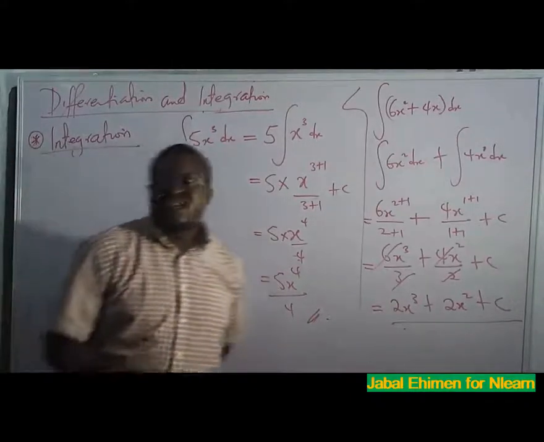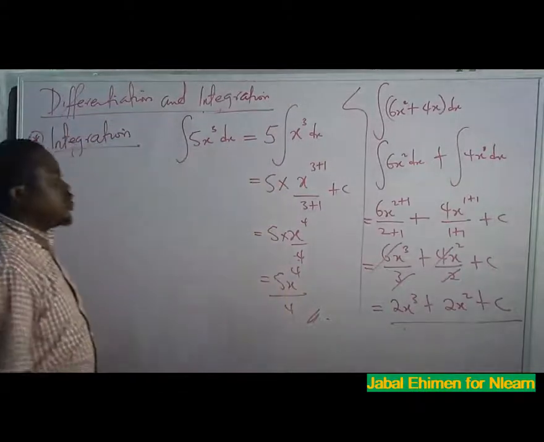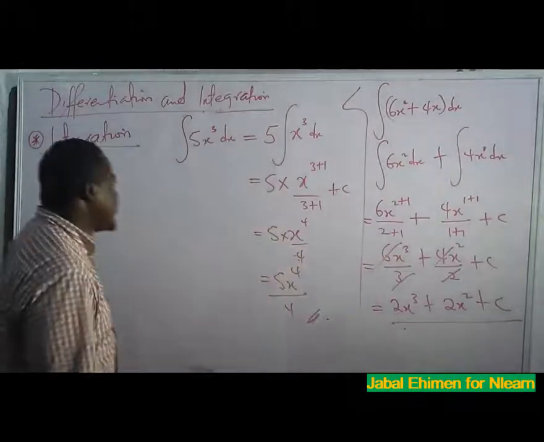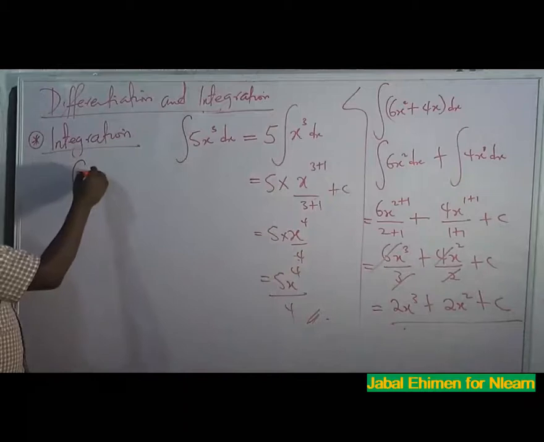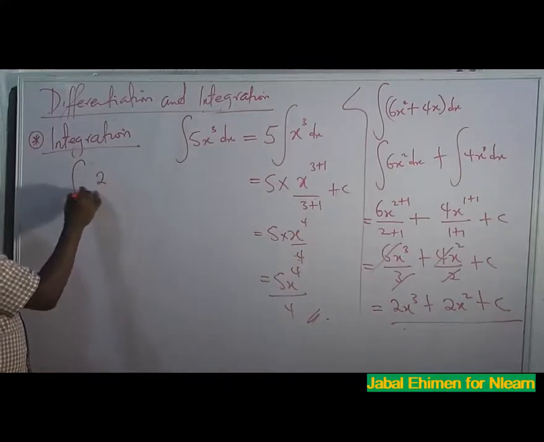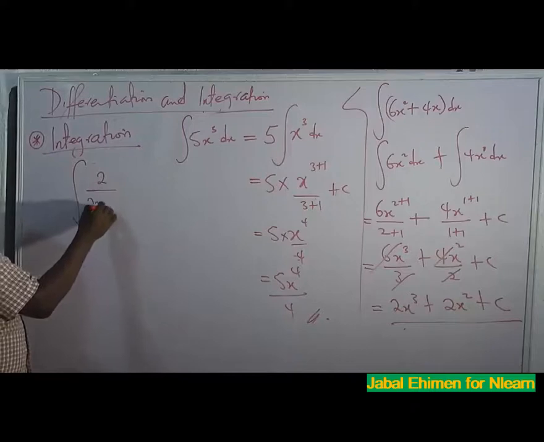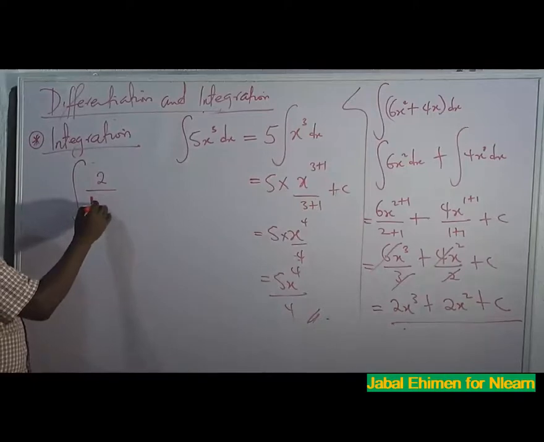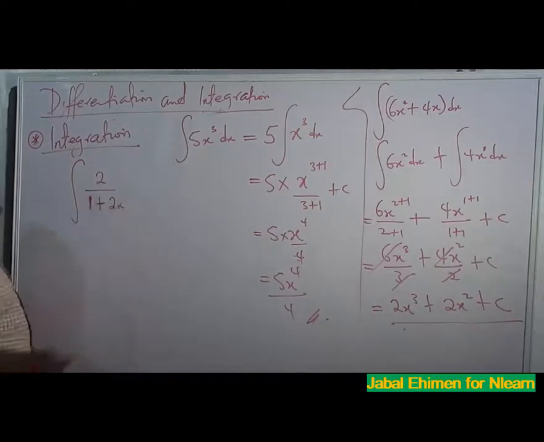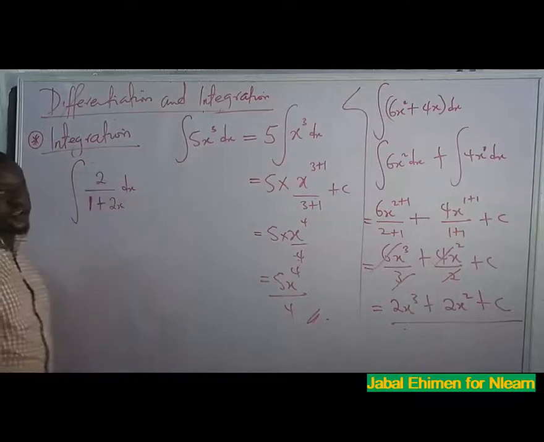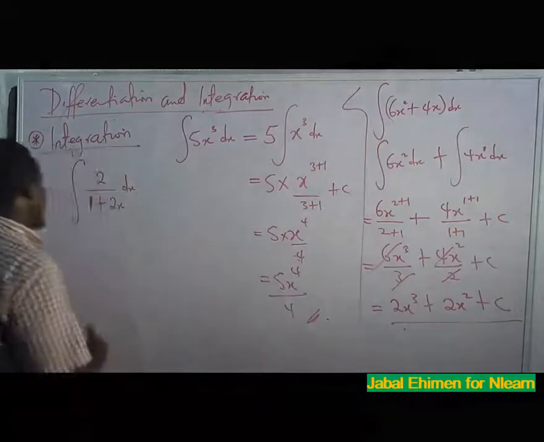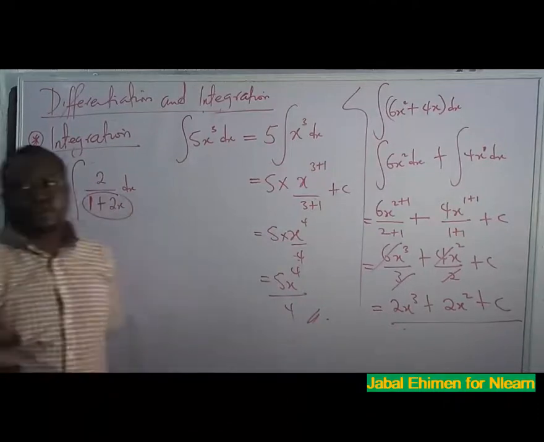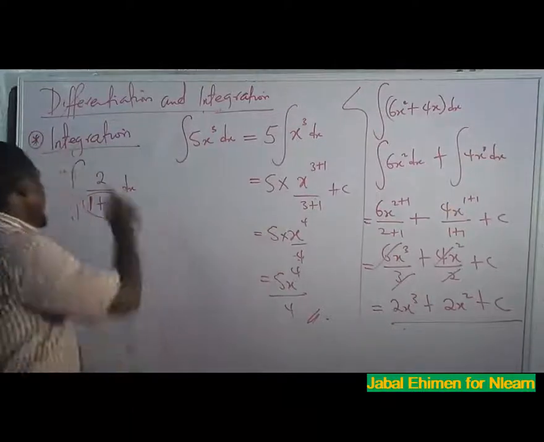The other rule is that sometimes when you take the integral of some values, you will observe that, for example, I have the integral of 2 over 1 plus 2x dx. If I differentiate the denominator, what you get is the same value as the numerator.